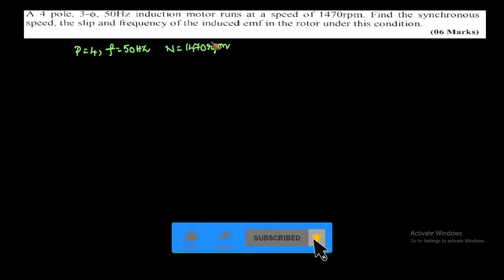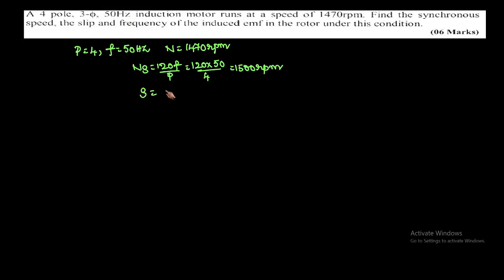First we will calculate the synchronous speed, that is 120 f by p. That will be 120 into f, which is 50, divided by p, which is 4. That means 1500 rpm. Next, the slip he is asking.